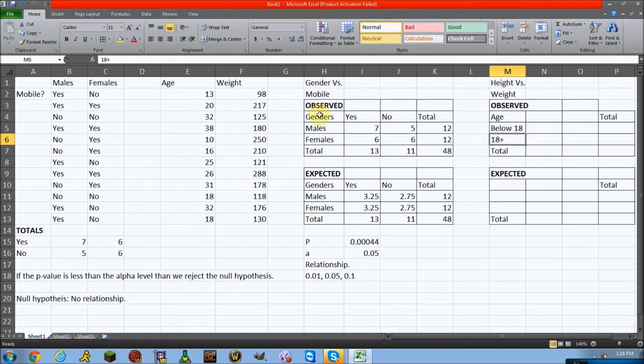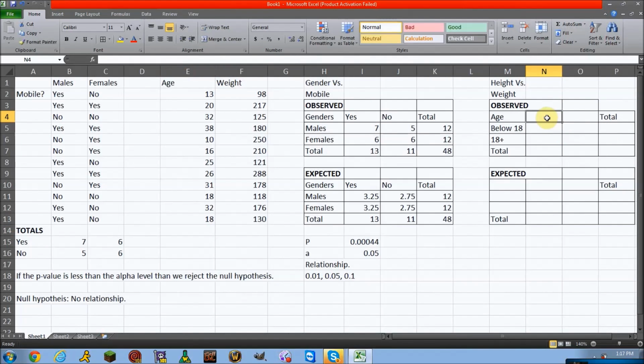Now for our weight, we need to find a reasonable weight. So once again, what I like to do is do the range. Our highest is 288 and our lowest is 98. So 288 minus 98 equals 190.